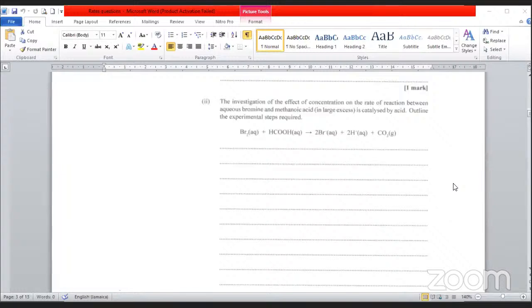You are going to produce a calibration curve. So you take known concentrations of aqueous bromine and you put them in the colorimeter and get those readings. So a calibration curve of known bromine concentration against the colorimeter readings will be plotted and the bromine concentration deduced.